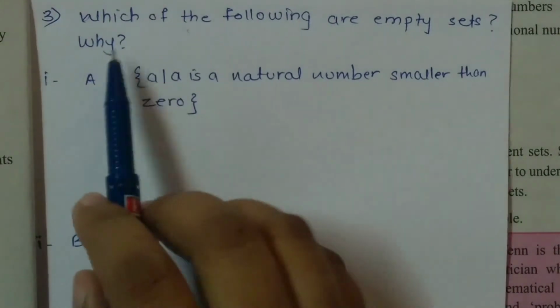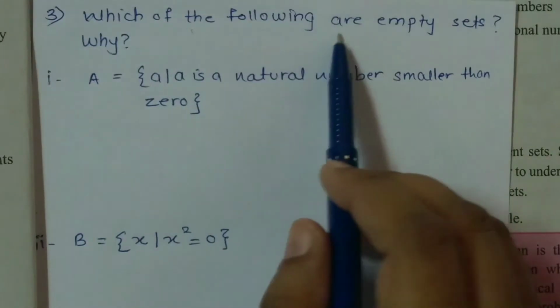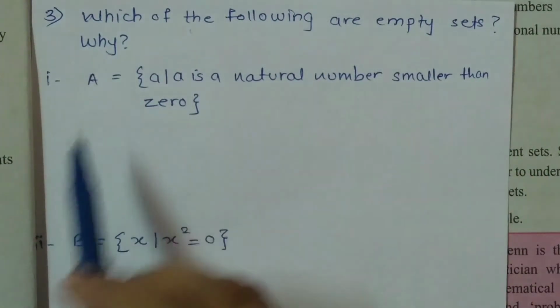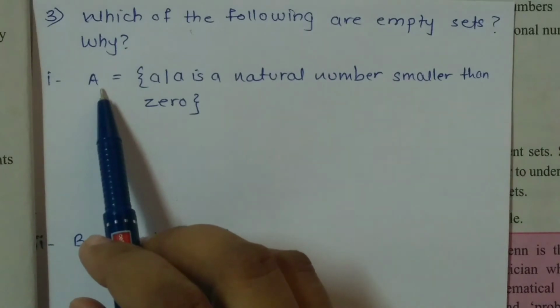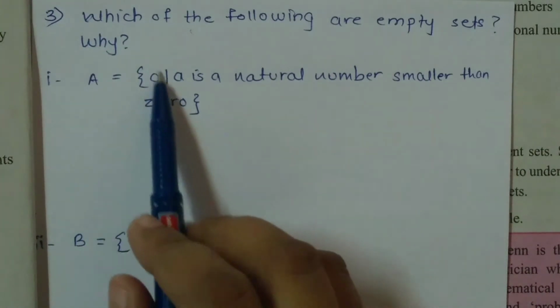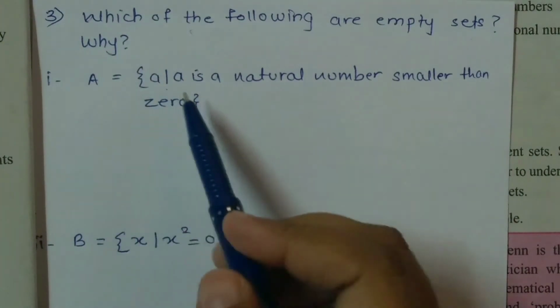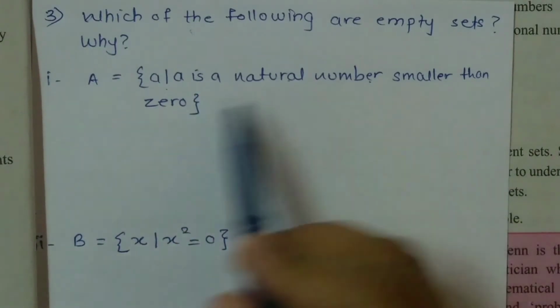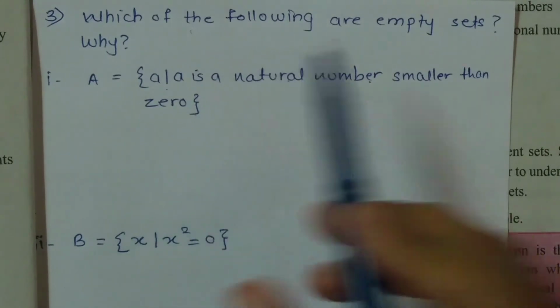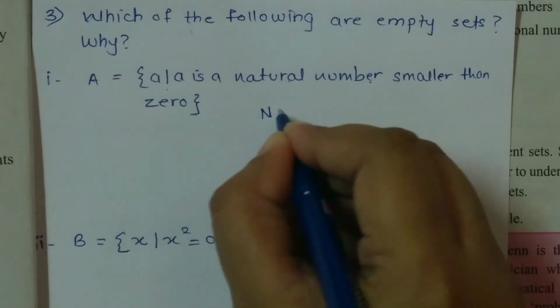Now we are seeing the third question. Which of the following are empty sets? Why? First, A is the set of all a such that a is a natural number smaller than 0. What are natural numbers?